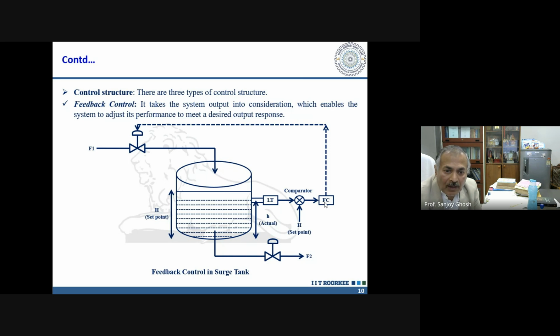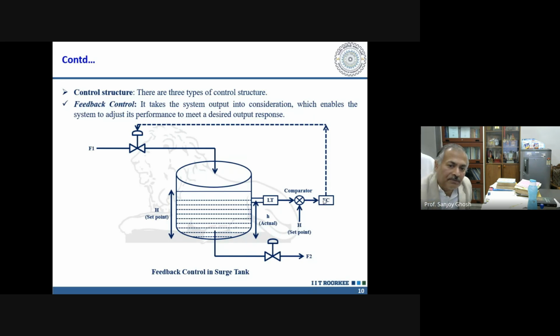So the FC, the flow control device. What is the current level? This information is going through the level transmitter. And then what is the set point? Say the total height may be 5 meters, and you want it set at 3.5 meters. So that is the height set point, 3.5 meters, you have given as the input. So naturally the controller will take the decision.